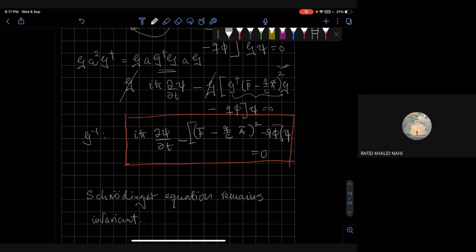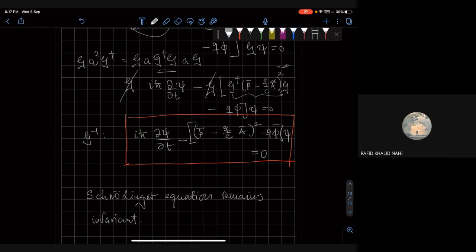You would have figured out that the function needs to be the gauge function. Oh, okay. And Yang and Mills did exactly that. Yang and Mills did a non-abelian generalization of this.